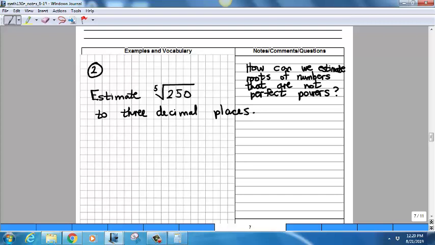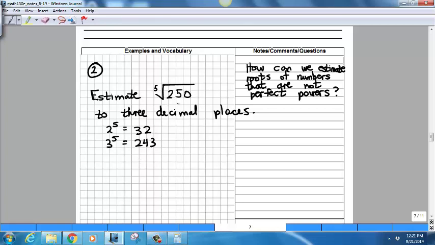We might be able to get really crude estimates. I can give you a really crude estimate, because what is 2 to the fifth power? That's 32. But if you go up and raise 3 to the fifth power, you get 243.